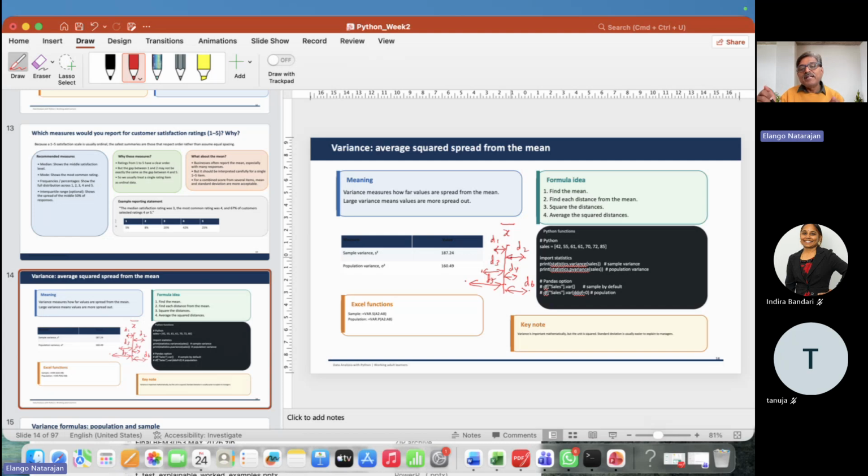After finding this difference, you can square them, and dividing by the number of values will give you the variance. So variance is the measure that we use in our analysis to understand the spread of the data from the mean.